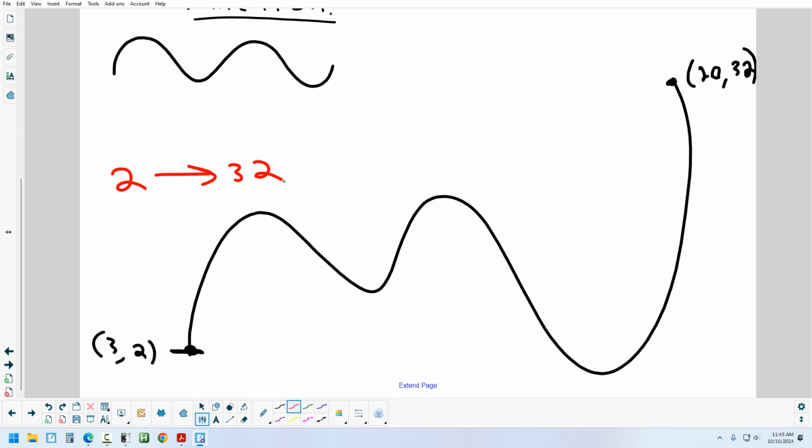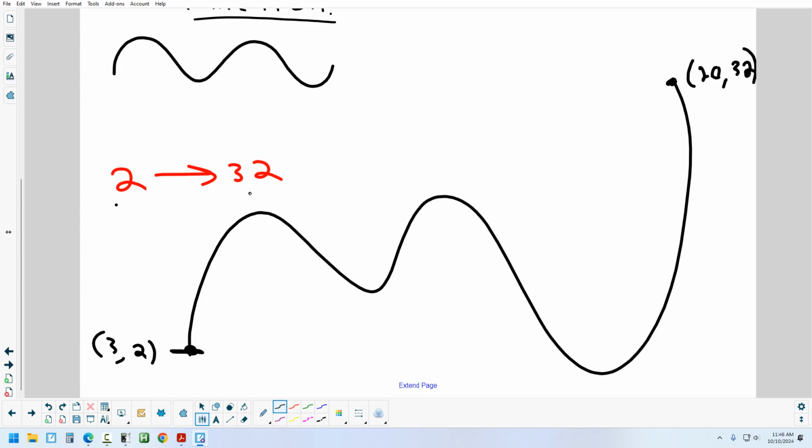Now, did I ever lift my pencil as I went from 2 to 32? I might have gone back down, like I didn't go straight to 32 like a line, but eventually I curved around and I got there, right? I got to 32. So at some point, did I pass through the number 5 on the y-axis? Yeah, why would I have to pass through the number 5 going from here to here without ever lifting my pencil?